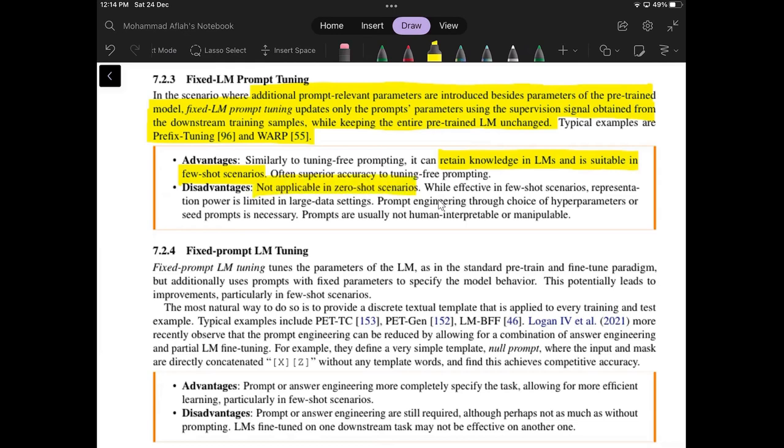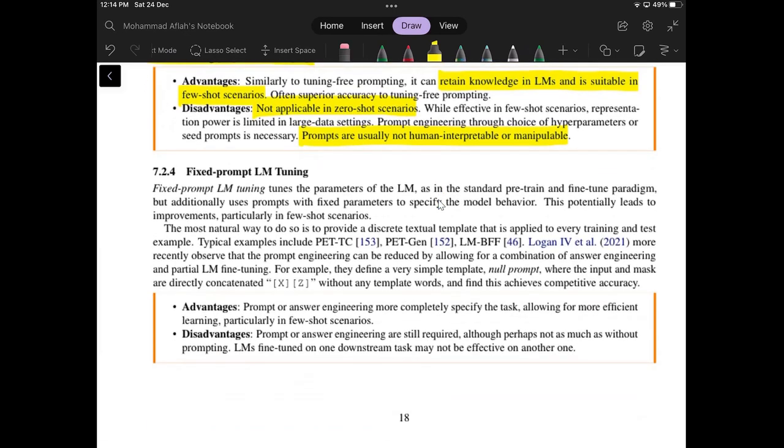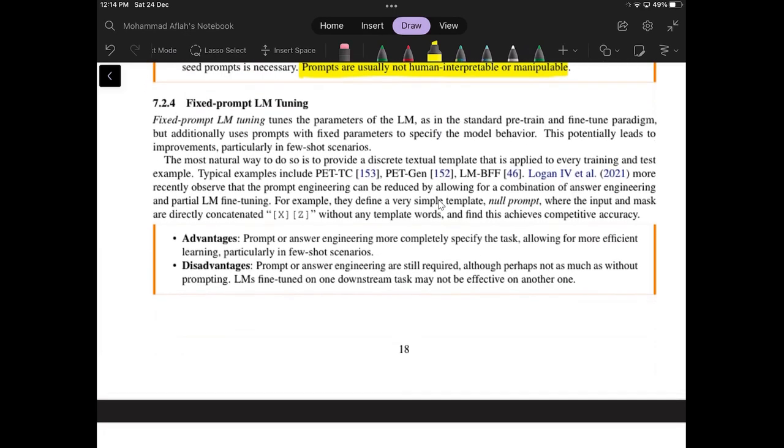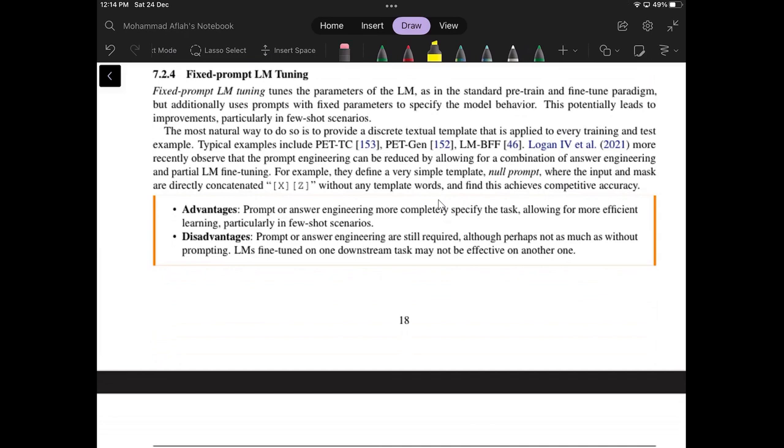While effective in few-shot scenarios, representation power is limited in large data settings because you cannot use all of it. Prompt engineering, through choice of hyperparameters or seed prompts, is necessary. And prompts are usually not human interpretable or manipulable because your prompts are like parameters that are updated. So you know what the initial prompt was, but after some updates you don't know.